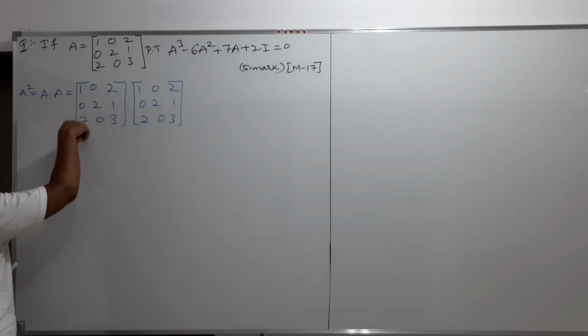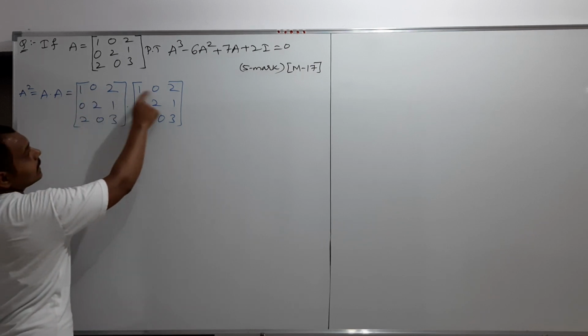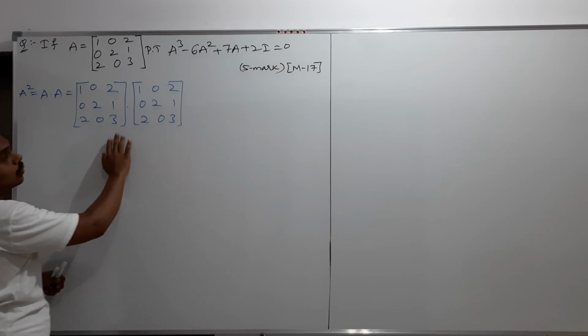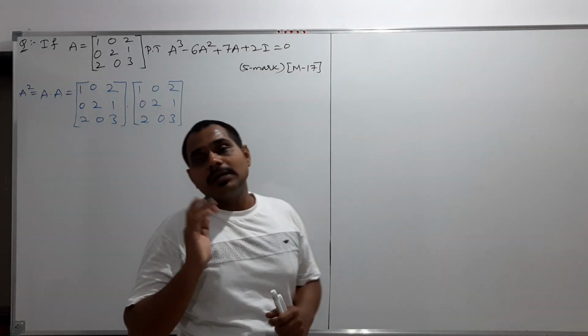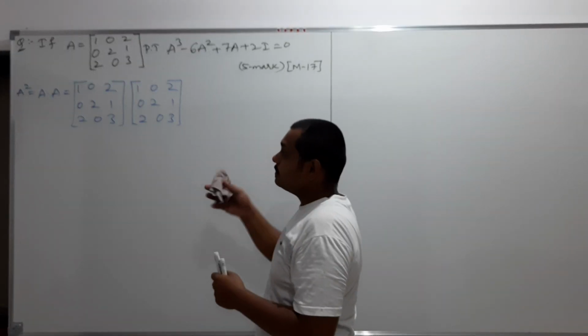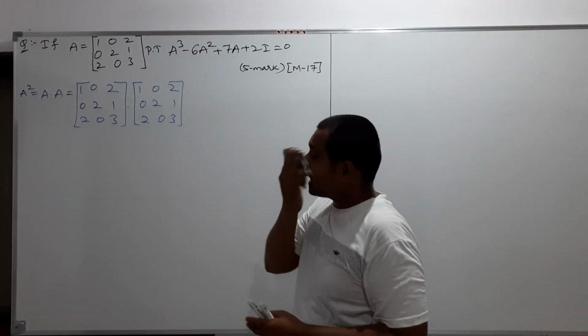If the number of columns in the first matrix equals the number of rows in the second, only then can we multiply the two matrices, as we discussed in multiplication of matrices.